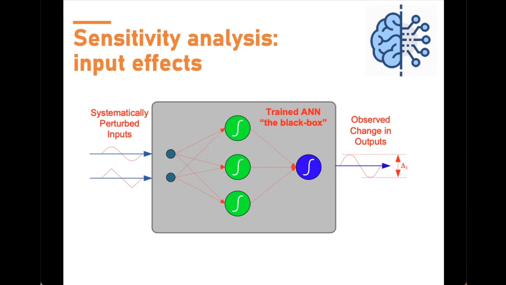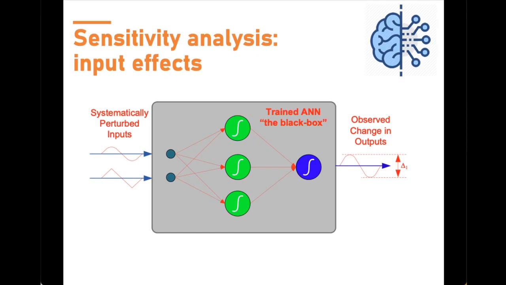There are a few approaches to conducting sensitivity analysis in neural networks, and one of them is input perturbation. This figure shows how the input perturbation approach works.